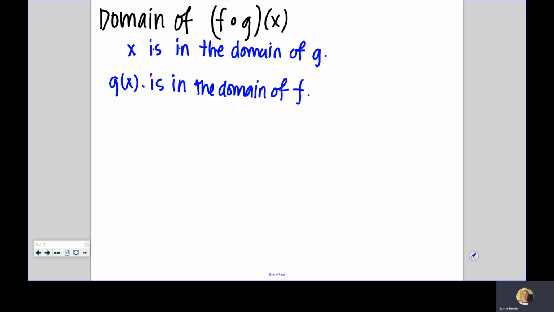I'm going to explain what that means when we get there. But the first thing you need to do is just find the domain of g normally. Find the domain using your normal domain rules. So domain of g. That first line basically says, find the domain of g like normal.